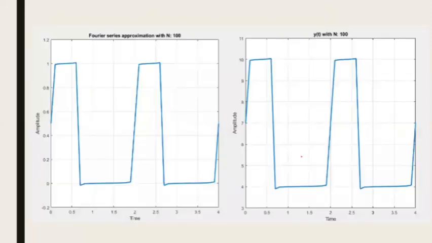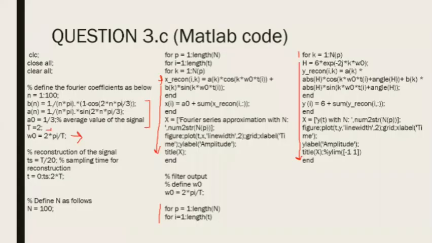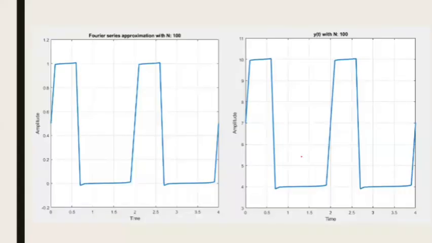Okay, and we see the result. The result of this coding will generate two graphs. The first graph is the Fourier series approximation with n equal 100 and y(t) with n equal 100.